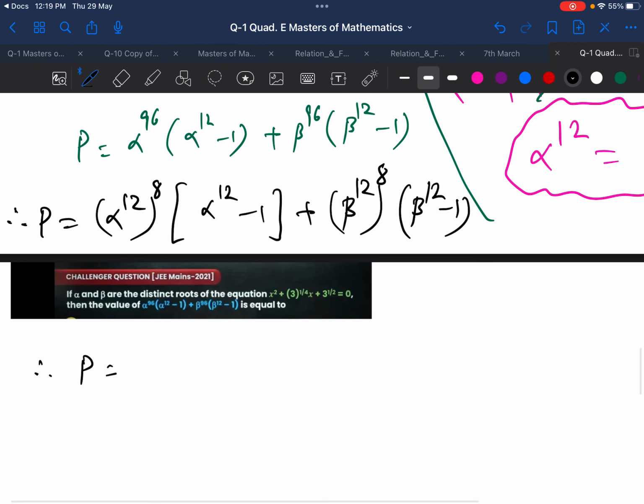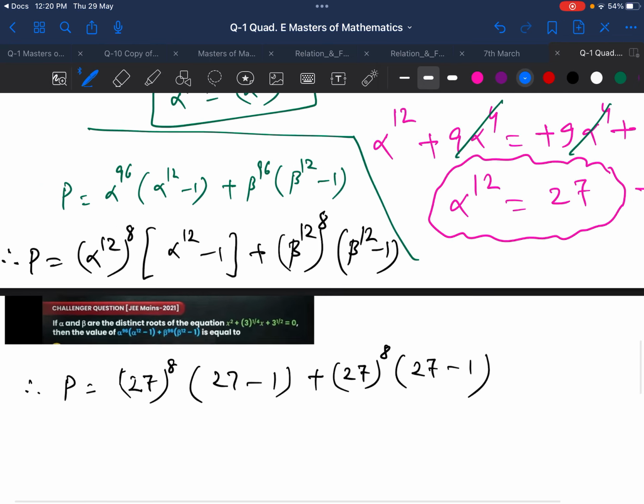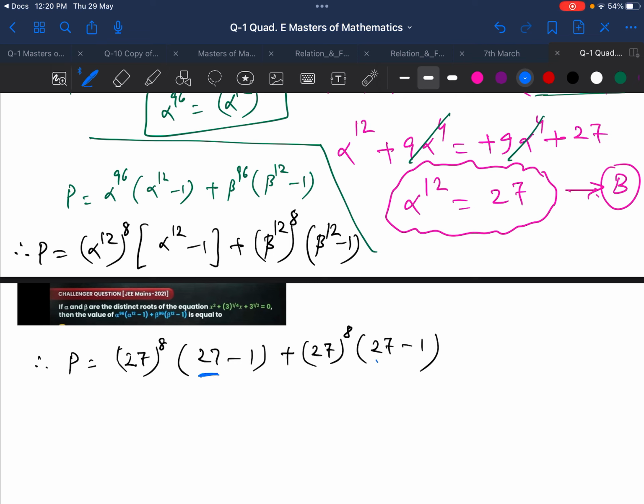So I will put here 27 raised to power 8 into 27 minus 1 plus 27 raised to power 8 into 27 minus 1. I have put these two values, alpha raised to power 12 as 27 and beta raised to power 12 as 27. Right?